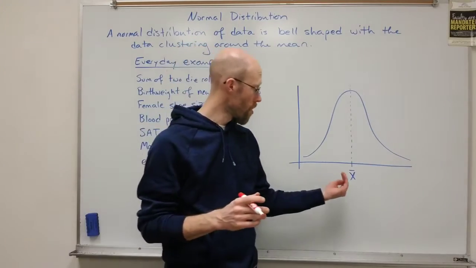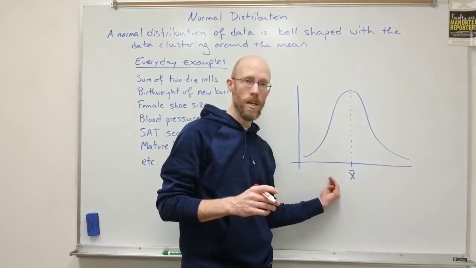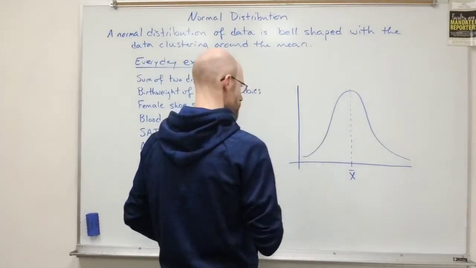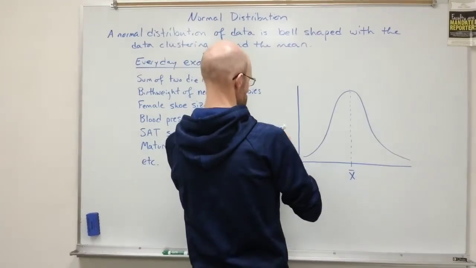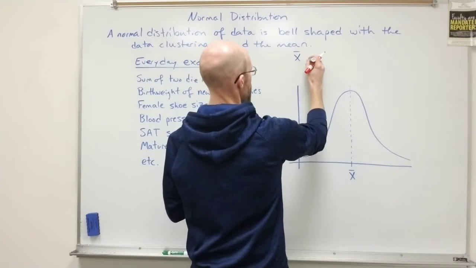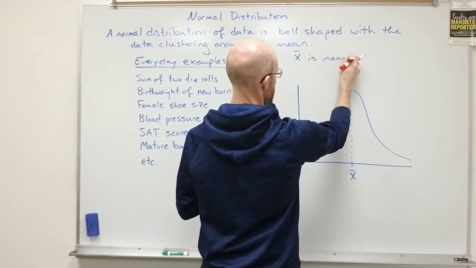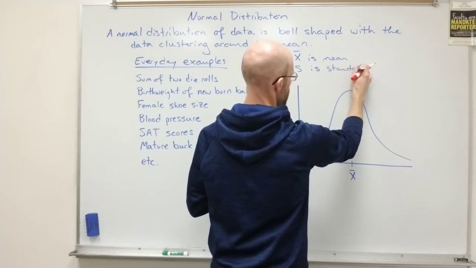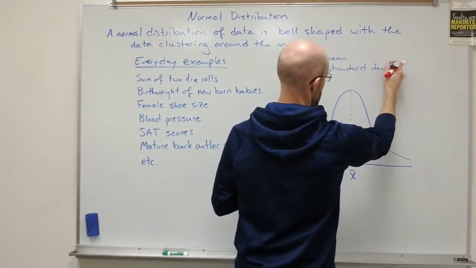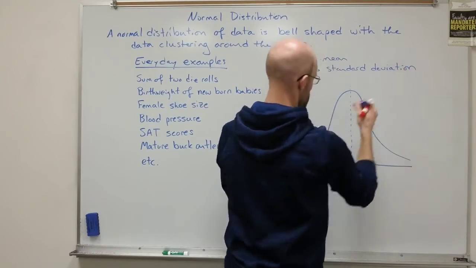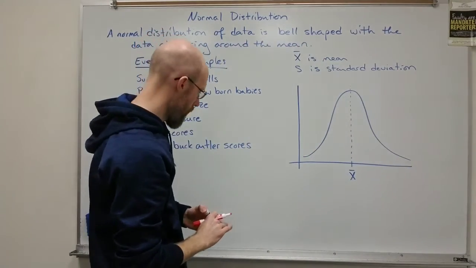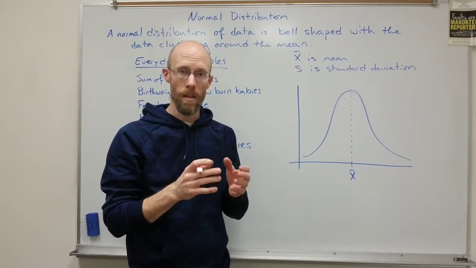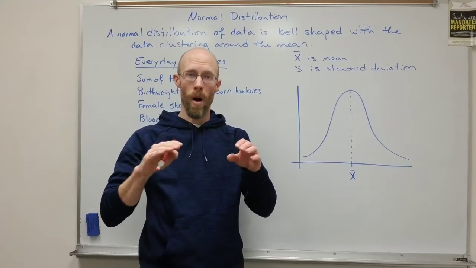If you were to go within one standard deviation of the mean on either side, let's say X bar is the mean, and S is standard deviation, then the value of S is the distance from the mean. The bigger S is, the wider the distribution.